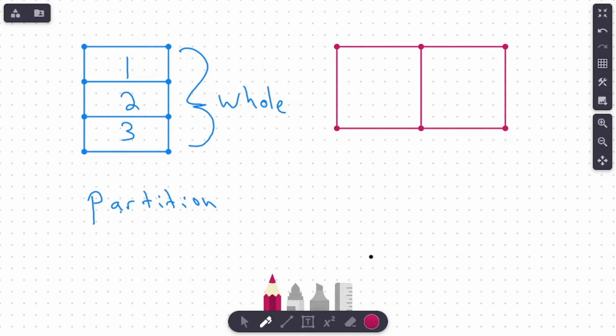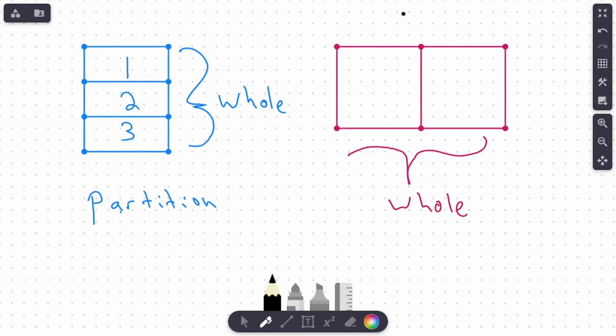Now, look at this figure over here. How many sections? First off, back up. This figure is how much? How much is this entire figure? Hopefully you're thinking to yourself, it is a whole.